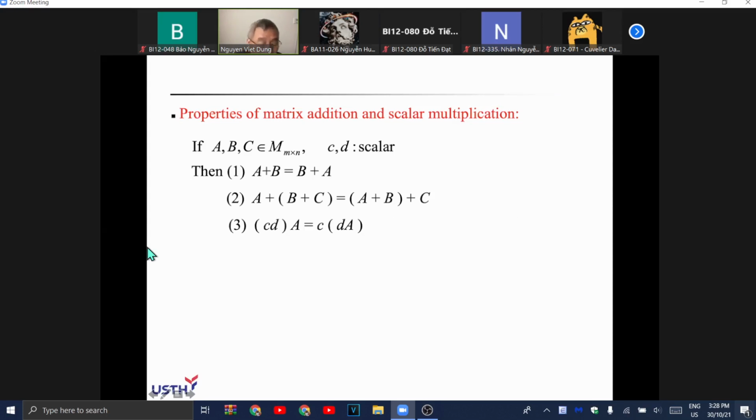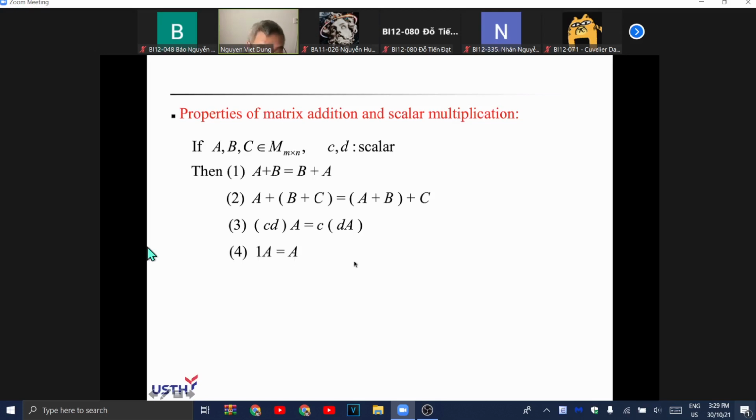Now is something else. Suppose that we multiply C and D first, that is the product of two numbers, and then we take the scalar multiplication of that number with A. It equals multiplying D by A first and then multiplying by C. And if we multiply A by the number 1, nothing changes.